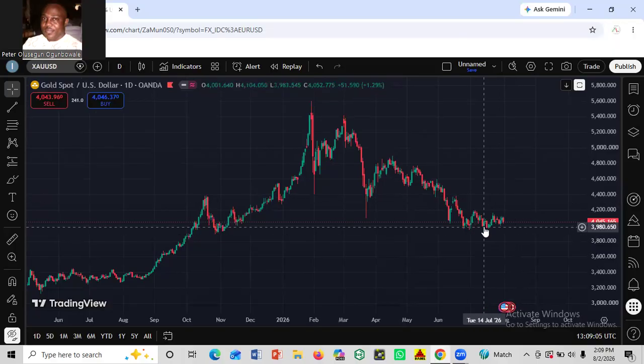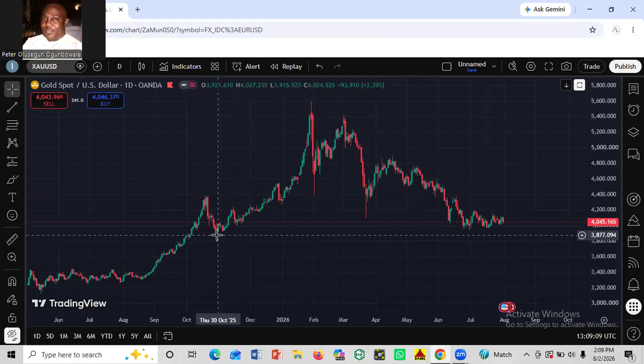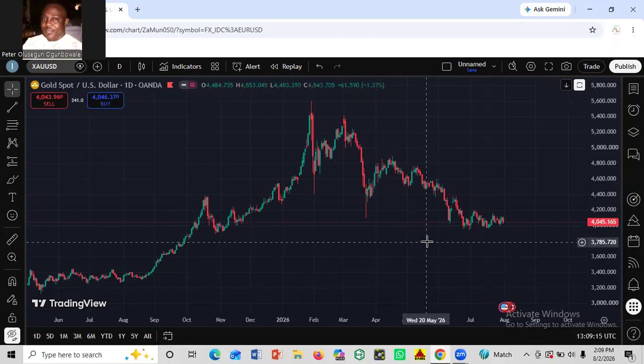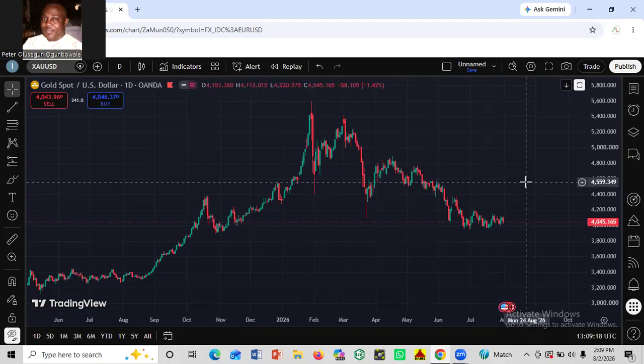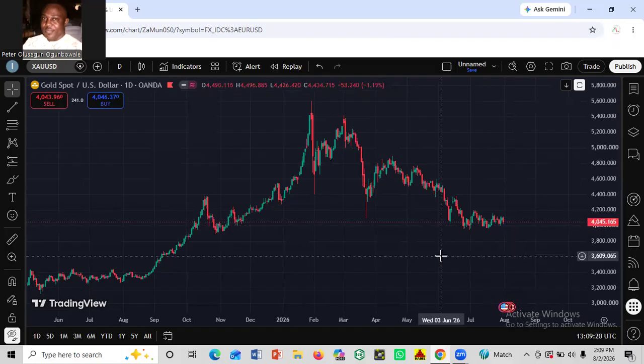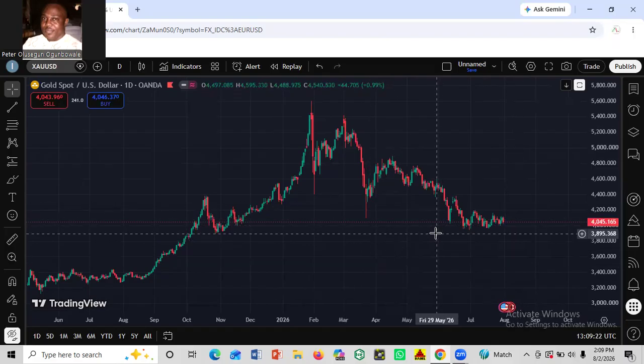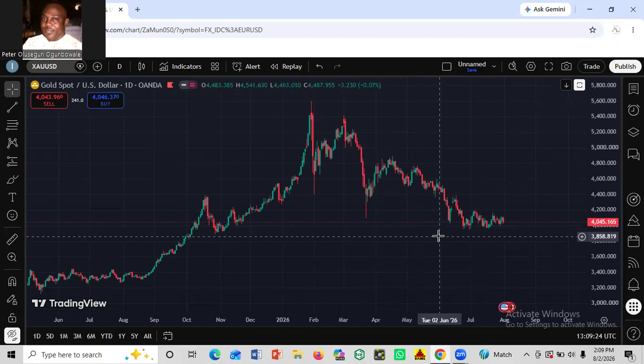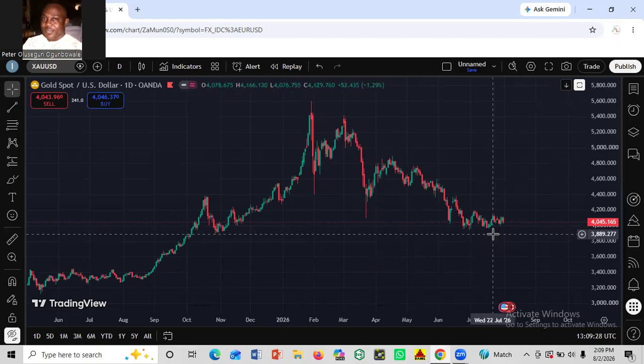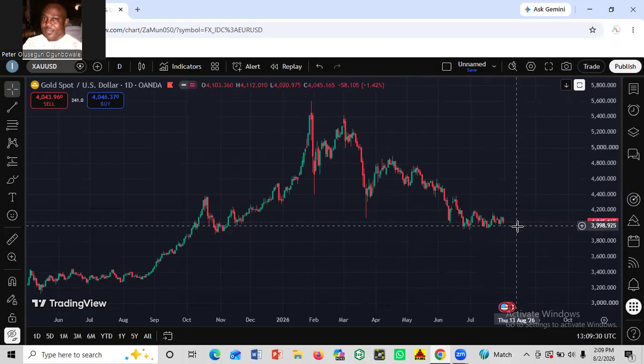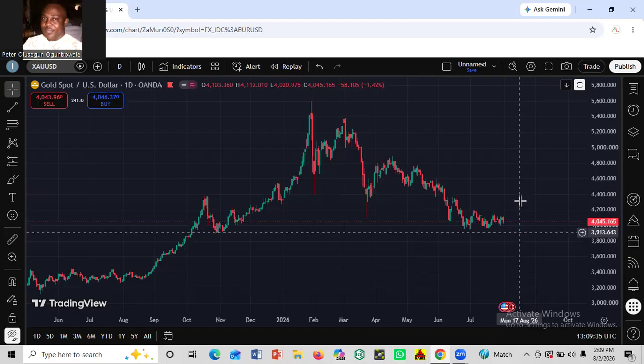So the recipe here still looks as if we are going to just break this bottom here, probably test this area of 38900 or thereabouts, or 38800 or thereabouts, before we see a bullish move to the upside. That is what I can see here. I don't see a big fall. I don't see a big fall. Reading the mood of the DXY, it's most likely we're going to fall more to the downside. Just break this bottom, and then we'll see a bullish move.